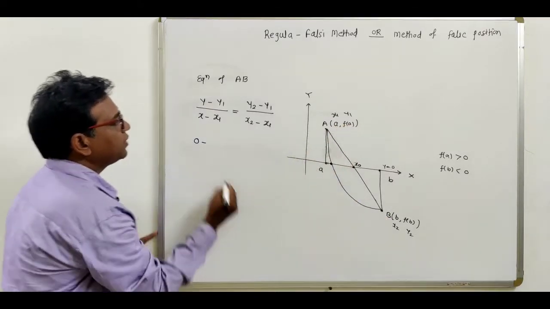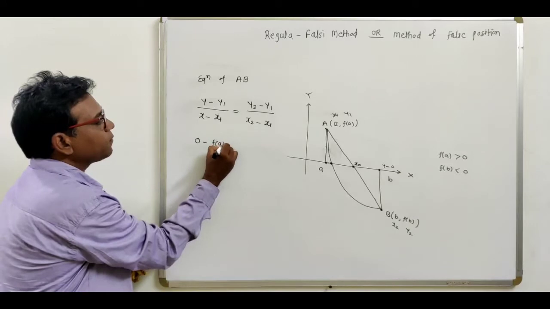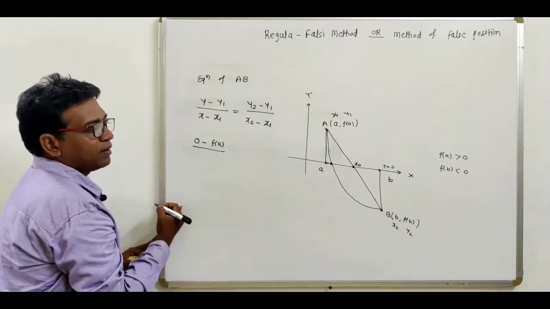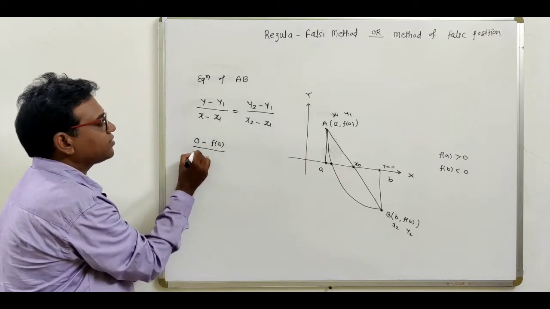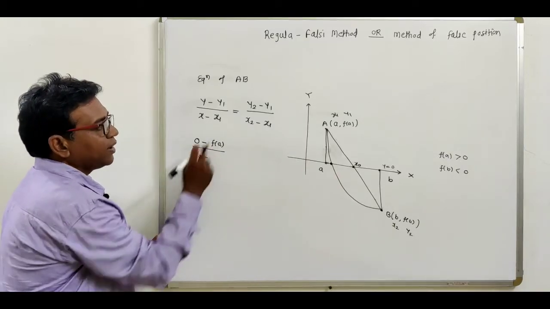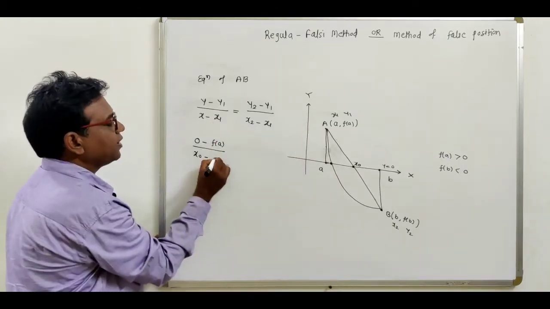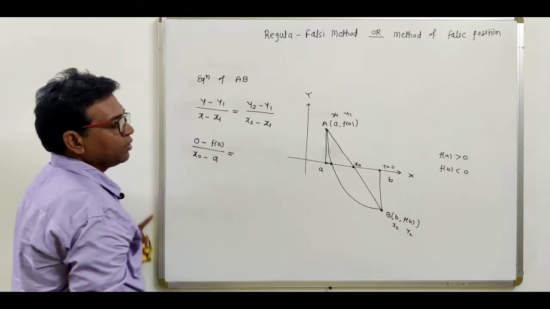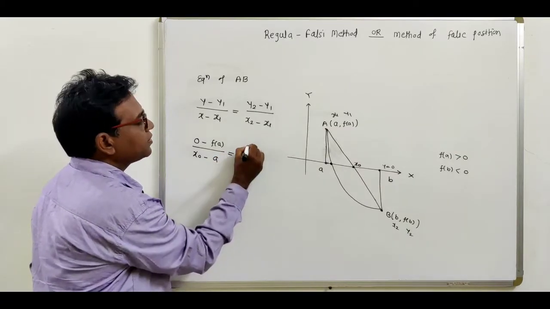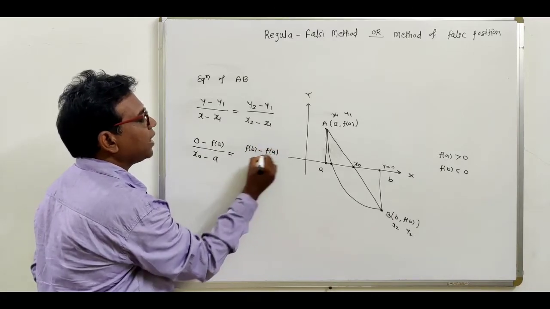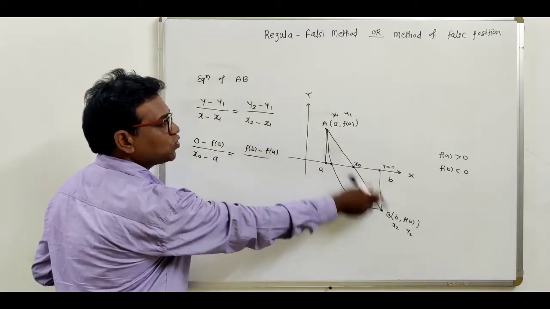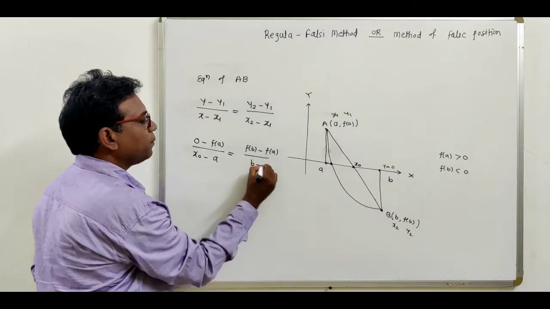So y1 is f(a), divided by, now we are finding the first approximation, so put x = x0, minus x1, which is a, equal to y2 minus y1. So this is f(b) minus f(a), divided by x2 minus x1, which is b minus a.